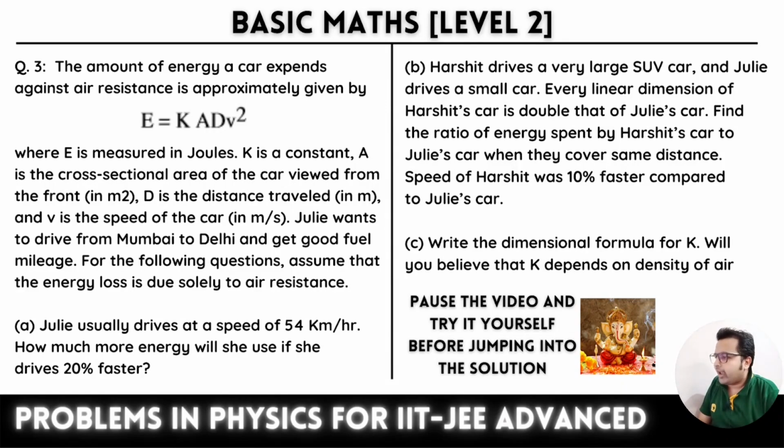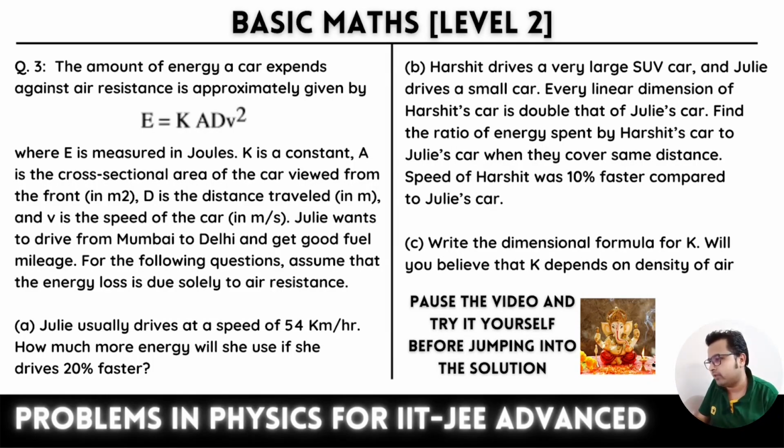The amount of energy a car expends against a resistance is approximately given by capital E is equal to K A D v square. Here E is the energy measured in joules, K is a constant, capital A is the cross-sectional area of the car viewed from the front, capital D is the distance traveled by the car in meters, and small v is the speed of the car in meters per second.